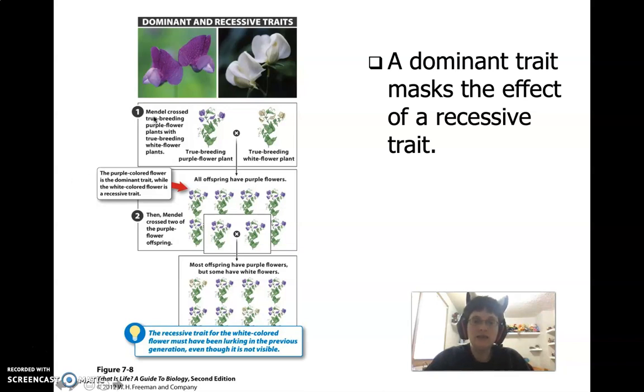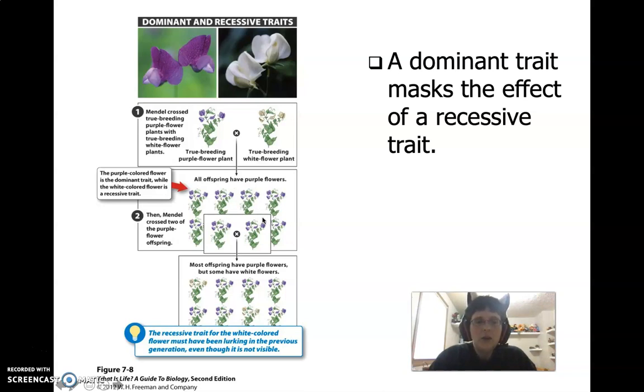And so in this case, he figured out that purple, the purple flower characteristic, is dominant over the white characteristic because when he bred them together, the purple one covered up the white information. It hid it. That's kind of why it's recessive. It's hiding, it's recessed, it's hiding behind the dominant trait. And the dominant one is out front saying, hi, I'm here.